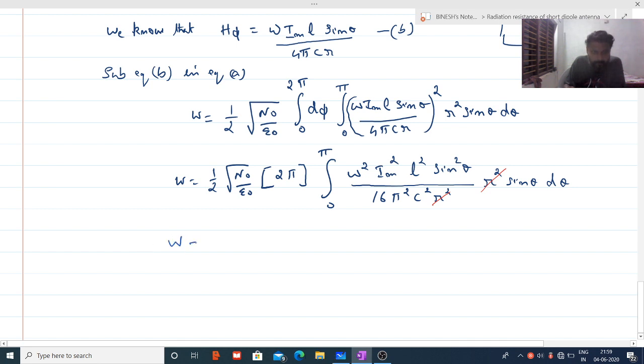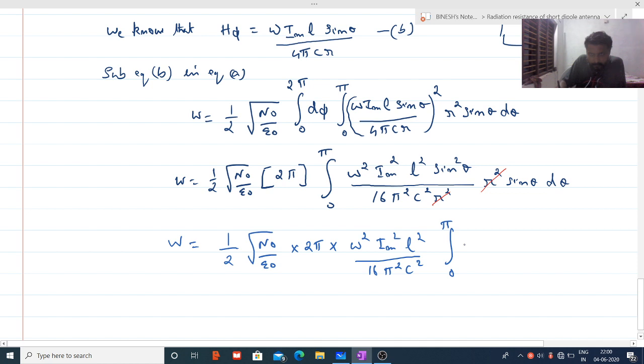So I have taken W, which is nothing but 1 by 2 root of mu naught by epsilon naught into 2 pi into omega square Im square L square by 16 pi square c square into integral 0 to pi sine cube theta d theta, because here one sine square theta is there, here one sine theta, so this becomes sine cube theta d theta.